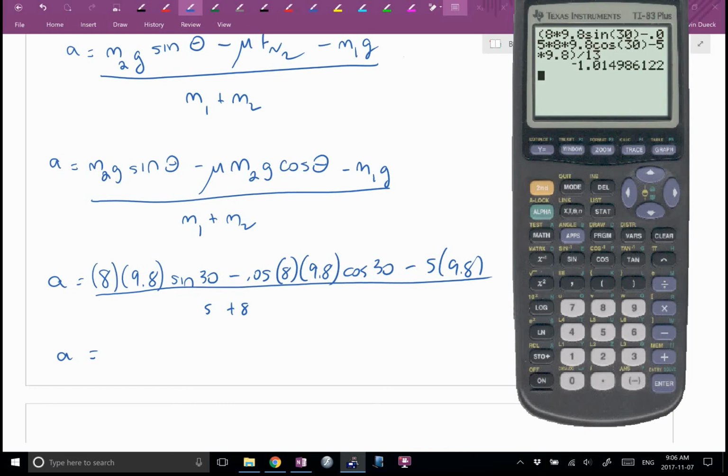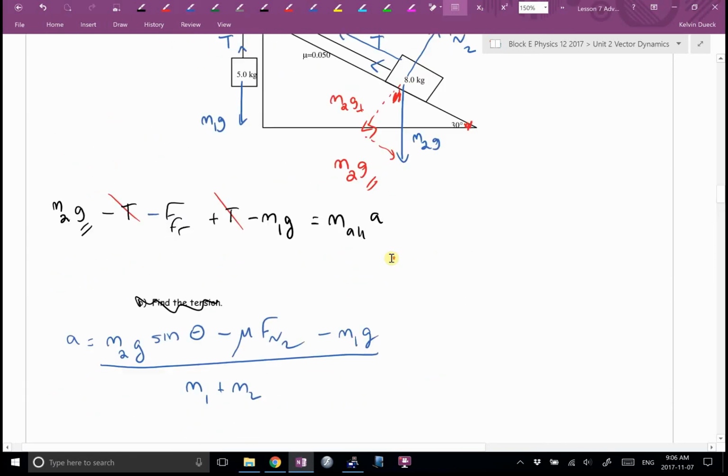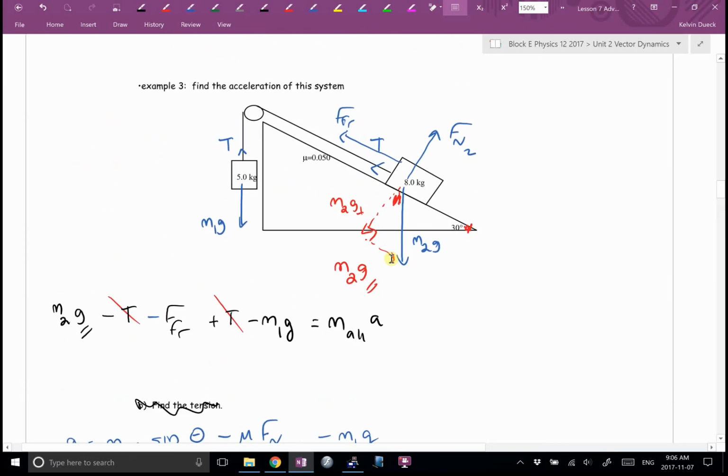How do I know I've guessed wrong? All right. Easy fix. You get negative 1.01 something? Yes? All right. So who is actually winning? M1G. Which way is block 2, the 8 kilogram mass, sliding actually? Up the ramp.